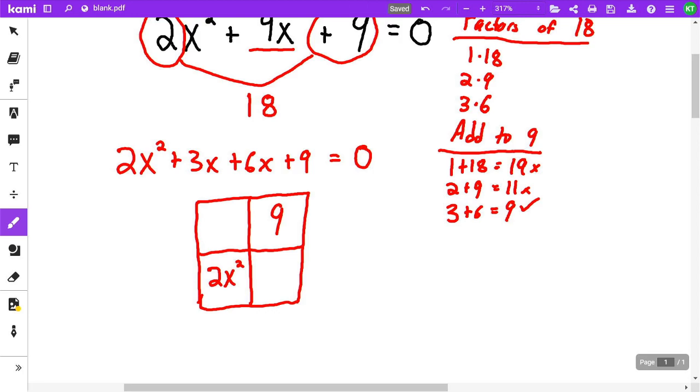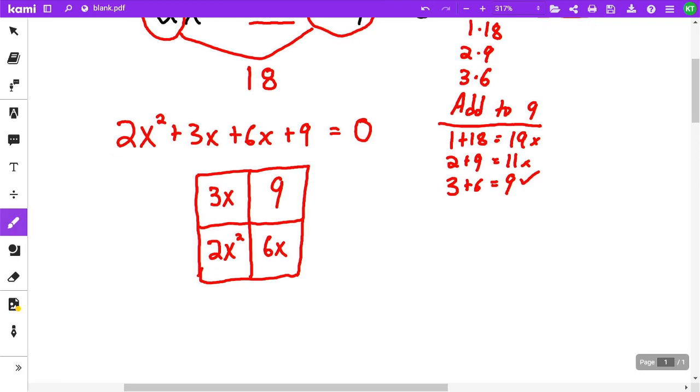And then the 3x and the 6x are interchangeable. So I'm going to put my 3x here and my 6x. The only thing that's very important here is that our x squared term and our constant term are put diagonally from each other.